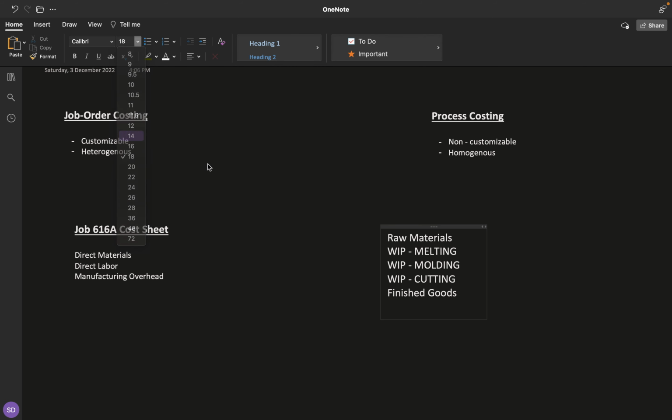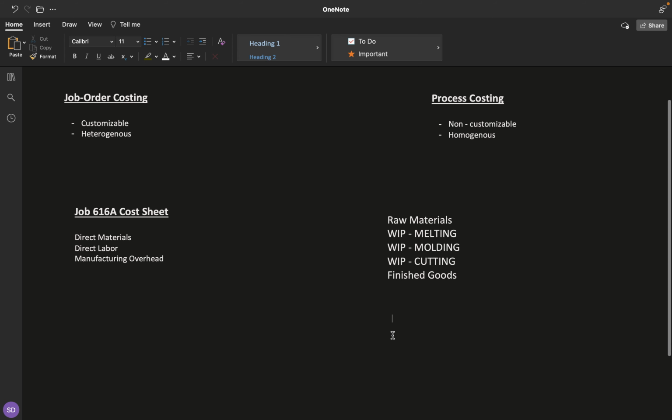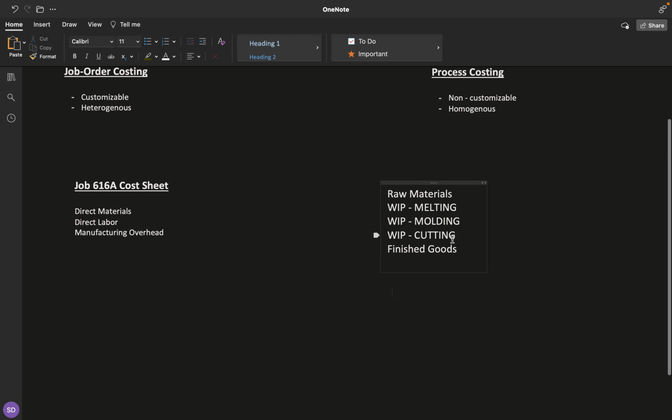So remember, finished goods are all of our inventory that has completed production and is ready to be sold. So let's say we have to move in between our accounts. So let's say we purchased raw materials. Now we need to start it into production. So we purchase our plastic or paper, and now we just have to start it into production. I guess plastic, because we're going to be melting it.